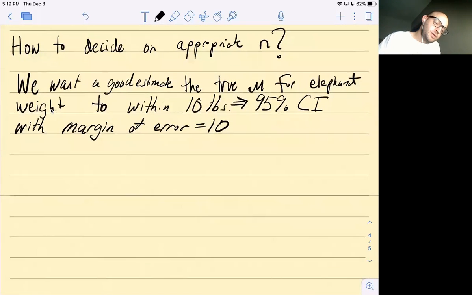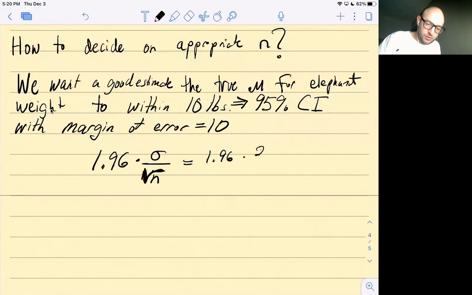So then you just set up this equation using everything that you're doing. If it's a 95% confidence interval, you know that the margin of error is 1.96 times sigma over root n. This is going to be 1.96 times 200 all over root n has to equal 10.